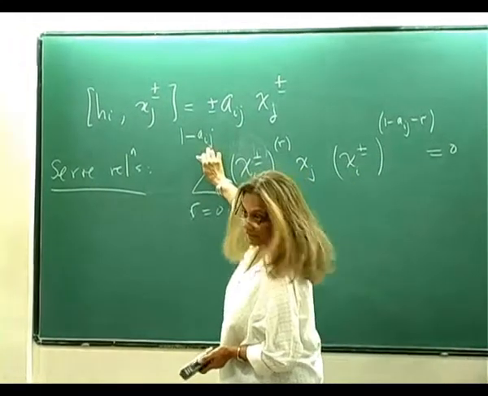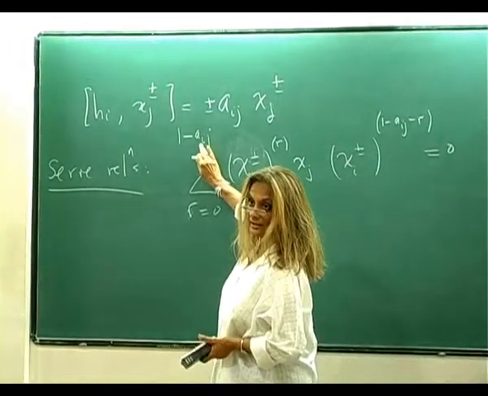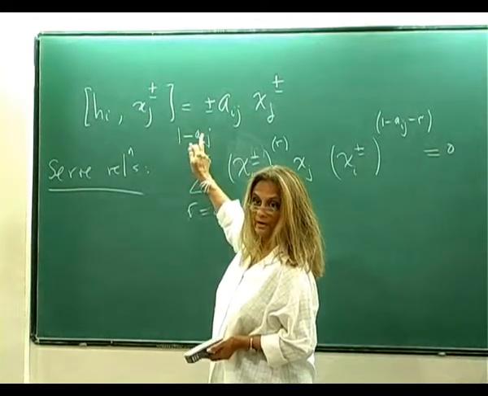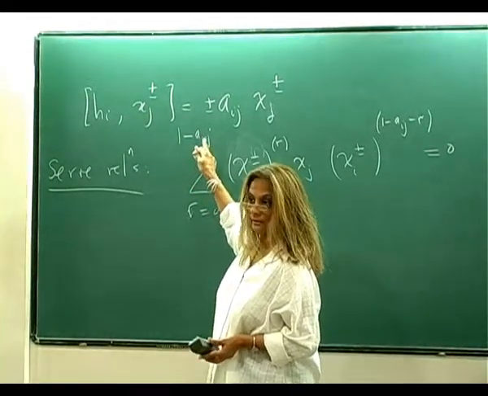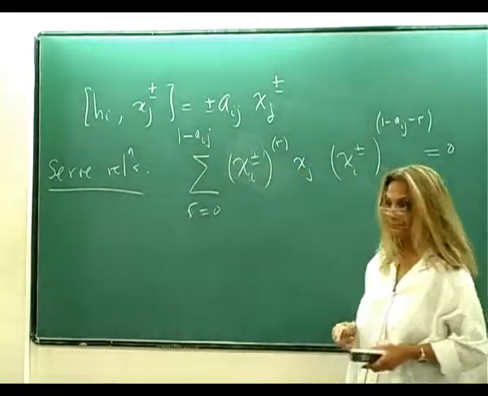This is why we're really using that the off-diagonal entries are less than or equal to 0. When we write 1 minus aij, it's actually a positive number.